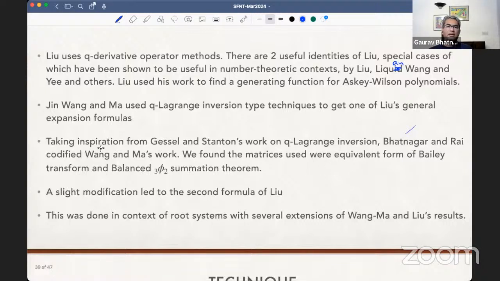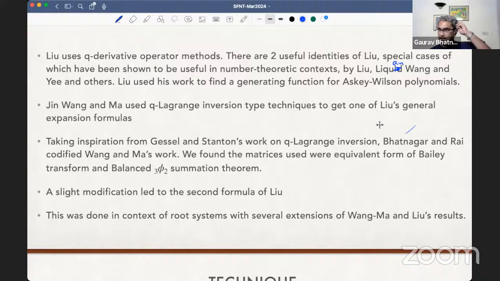Now what Jin Wang, another Wang, and Xinrong Ma did, they had a very strange approach to get identities. They have a long paper on arXiv, which I think is still not published. They use some q-Lagrange type techniques to get one of Liu's general expansion formulas.